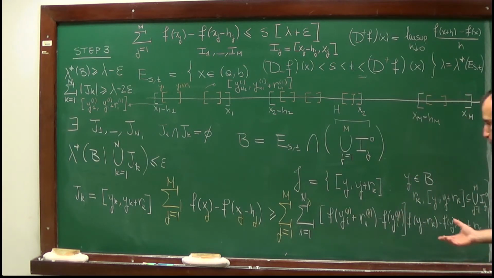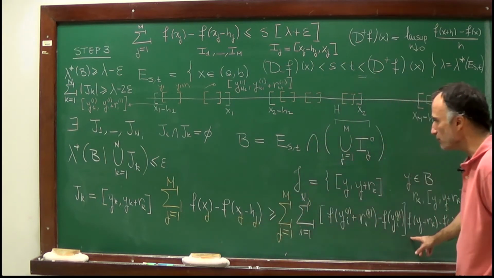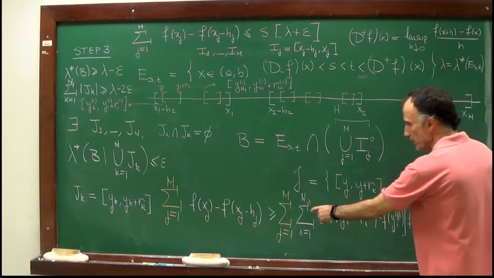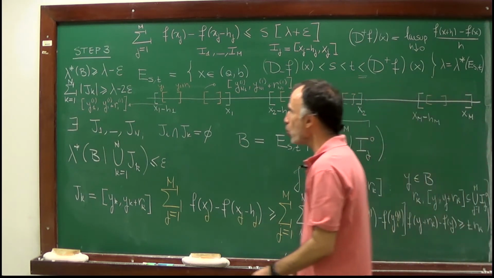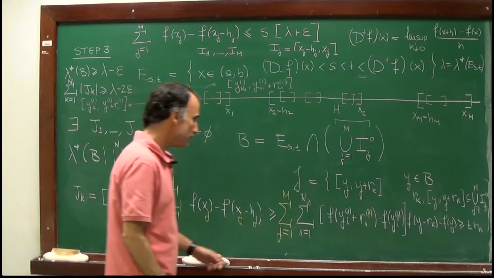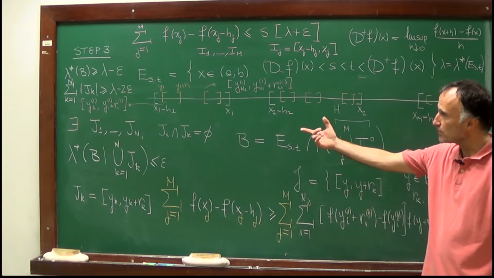All right? Well, but what do we have on the right-hand side? On the right-hand side, we are summing the increments over all intervals j1, j2, up to jn, right? What's appearing here is a new enumeration of these intervals.